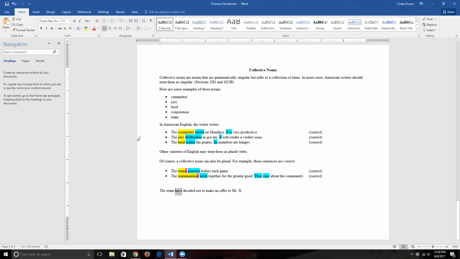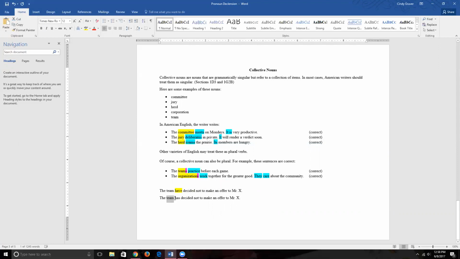That's what they said, the team have. Now, if American English is your first language, this probably sounds odd to you because almost certainly if you are a native American English speaker, you would say the team has decided not to make an offer to Mr. X. Because with collective nouns, we focus more on the grammatical structure.